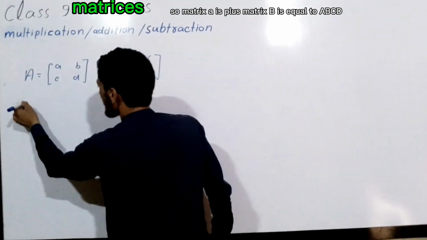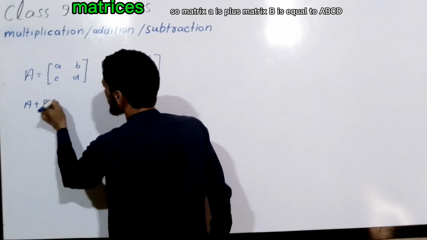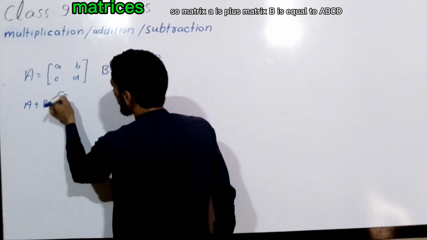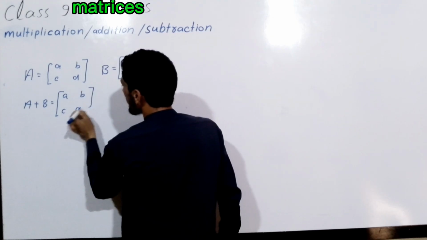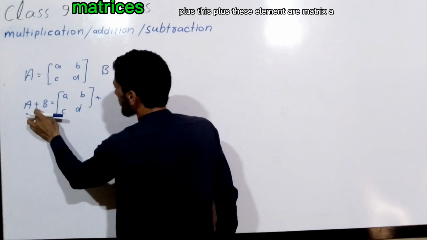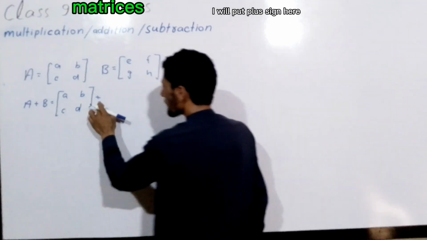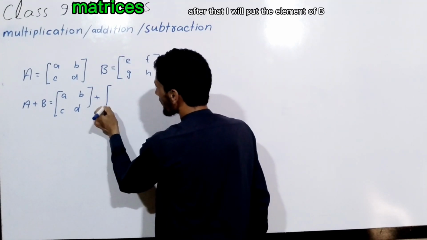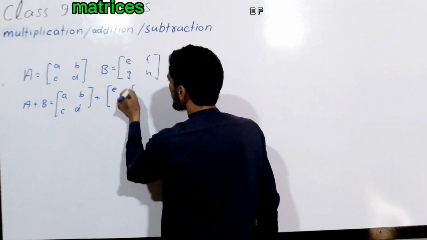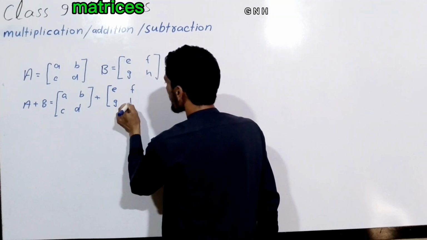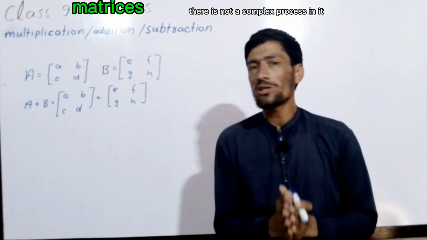So matrix A plus matrix B is equal to A, B, C, D plus, and I will put a plus sign here, after that the elements of B: E, F, G, and H. There is not a complex process in it.